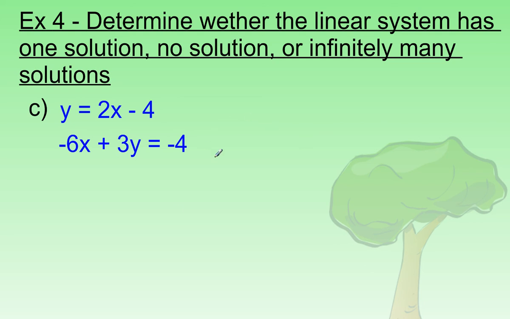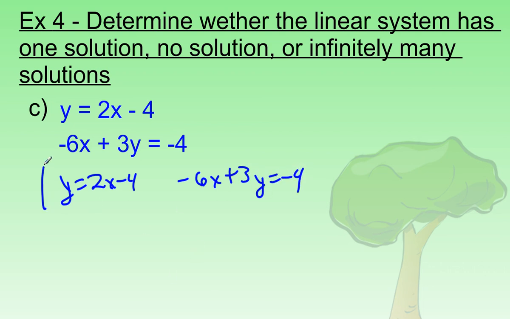Okay, so let's separate it into our two separate spaces, y equals 2x minus 4, and -6x plus 3y equals -4. The first equation is already slope-intercept form, with 2 as the slope and -4 as the intercept.